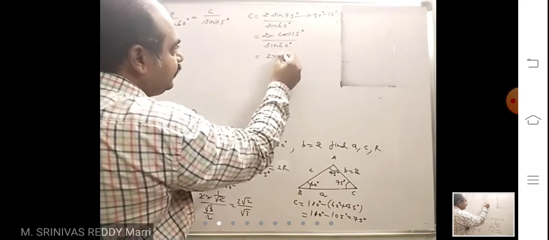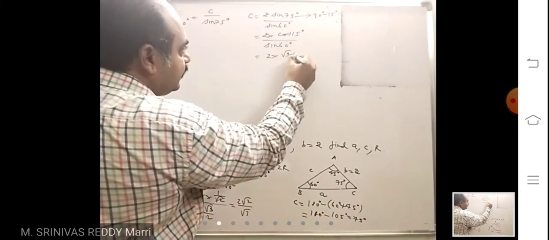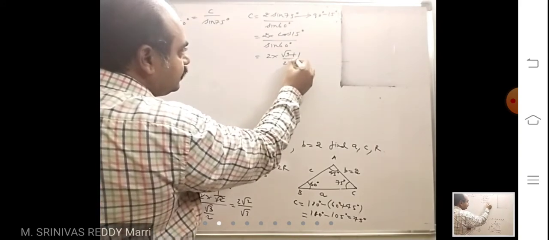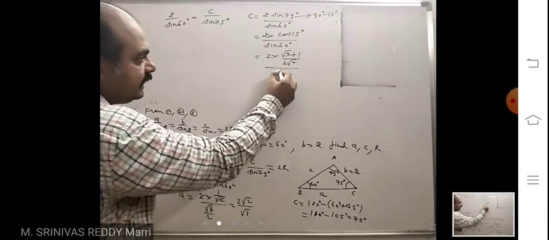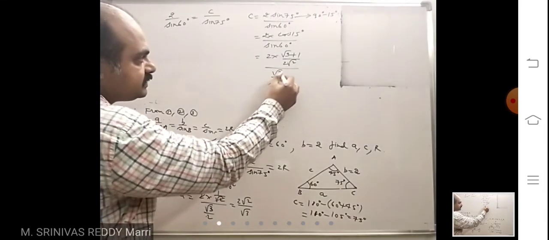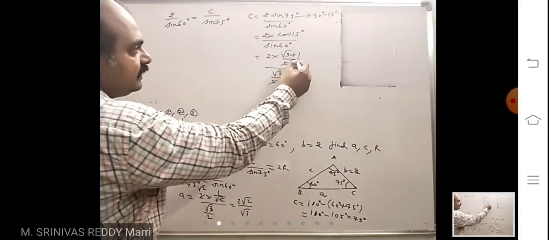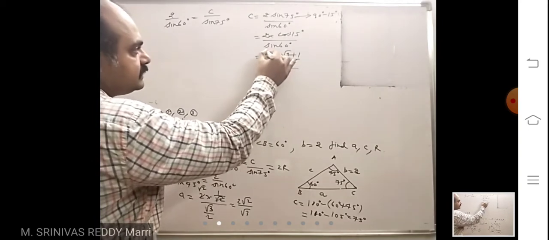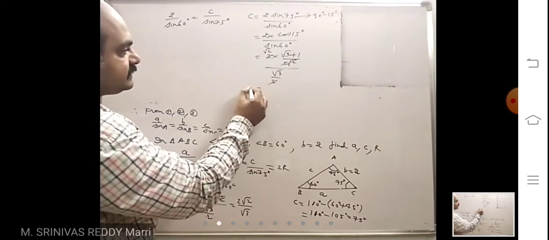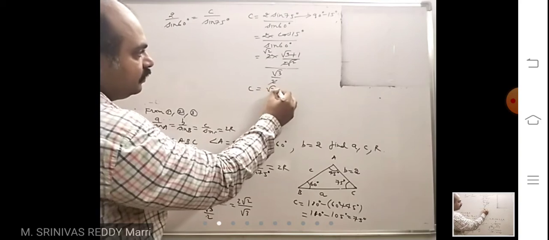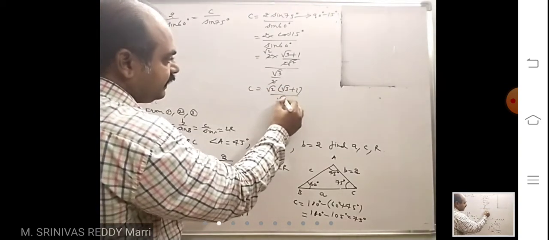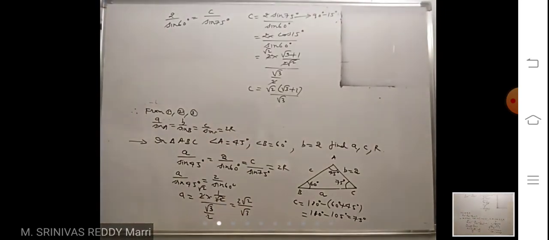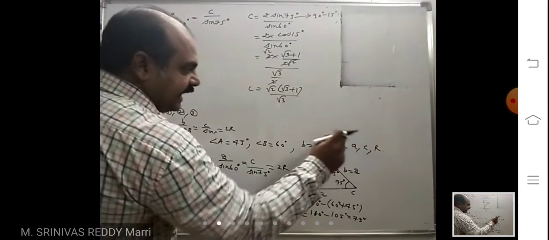That means 2 into cos 15 degree, which is root 3 plus 1 divided by 2 root 2, divided by root 3 by 2. So this 2 and this 2 will get cancelled, and this root 2 and this root 2. That means C will be root 2 into root 3 plus 1 divided by root 3. That is side C. So you got side C.